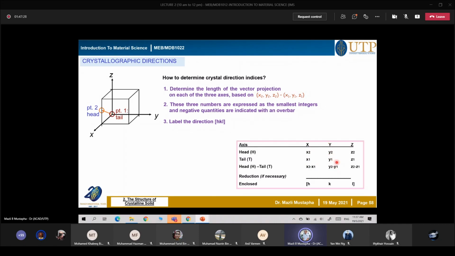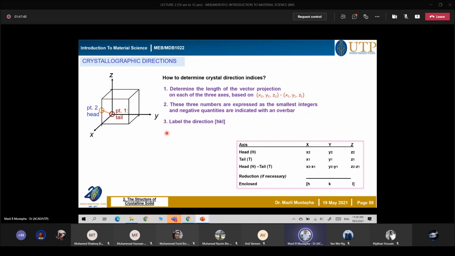Head minus tail, whatever the values, you just subtract. Then reduction means that we don't want any fraction. Later on I will show you the example. No worries. And then this is the final answer. For the direction, it should be in square bracket.